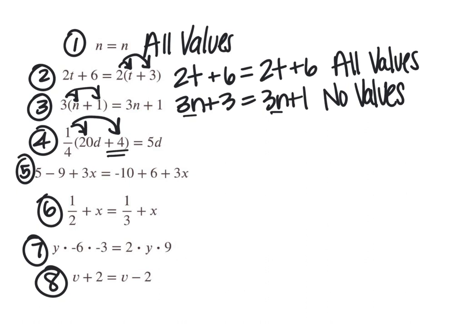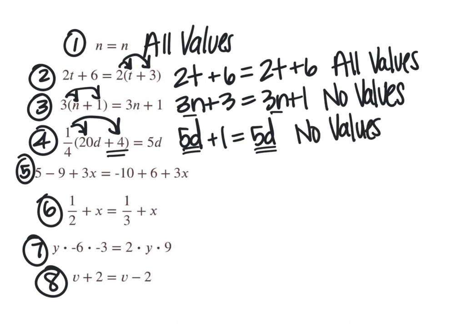What's 20 divided by 4? Well, that's 5d. 1/4 of 4 is 1. So again, we got the same variable term on both sides, but we're adding completely different values. On one side, I'm adding 1, and on the other side, I'm not adding anything. So is there ever going to be an instance where this is going to balance? No. So this would be no values. There is no value for d that would ever give us a true statement.